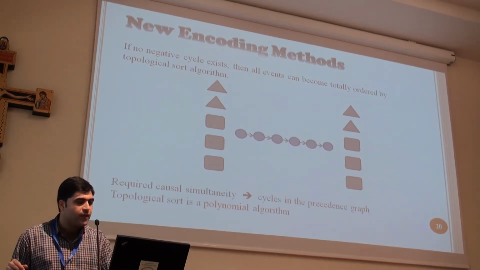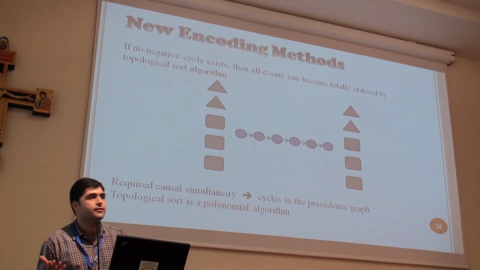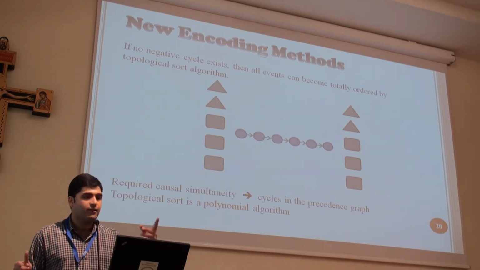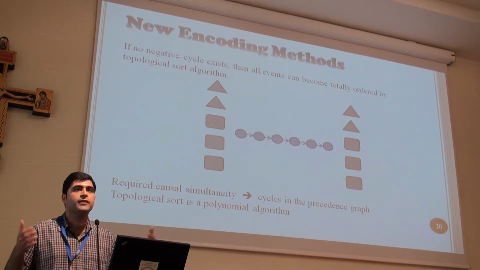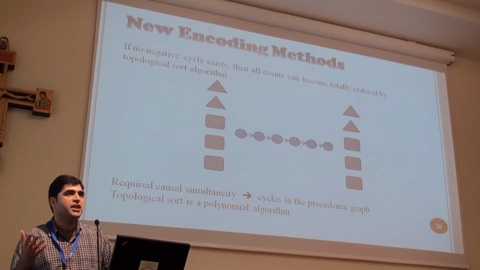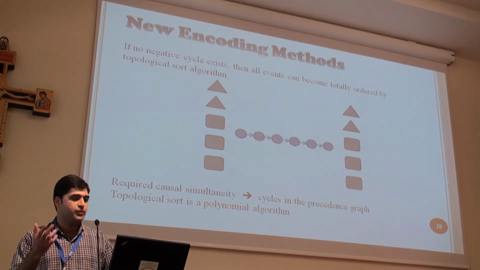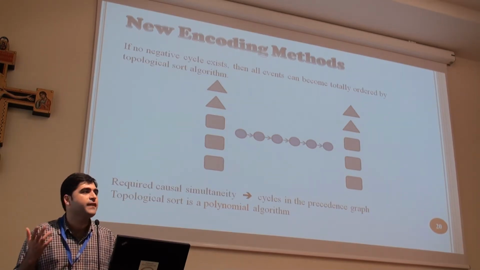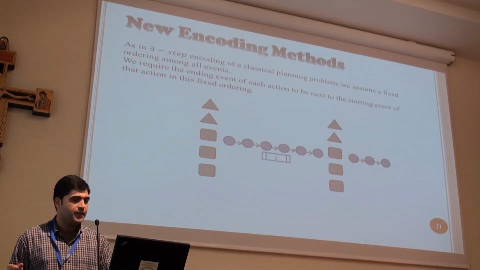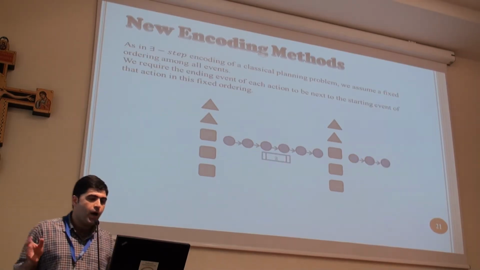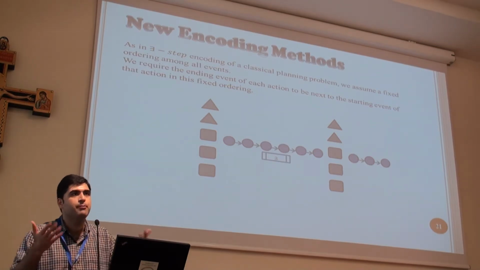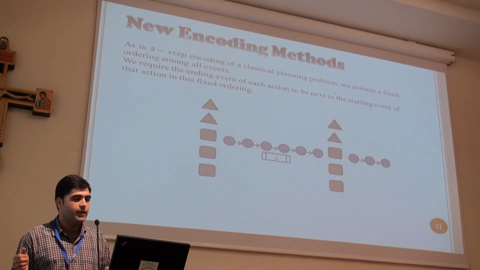So if we have simultaneity, cycles must exist in this graph, and the topological sort algorithm is polynomial. So we can check some necessary conditions for this simultaneity prior to starting planning.